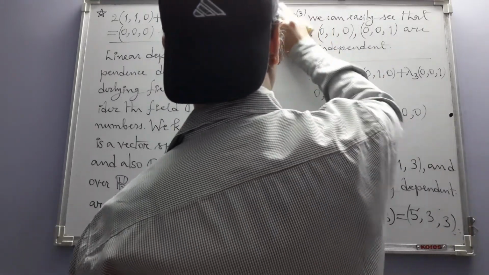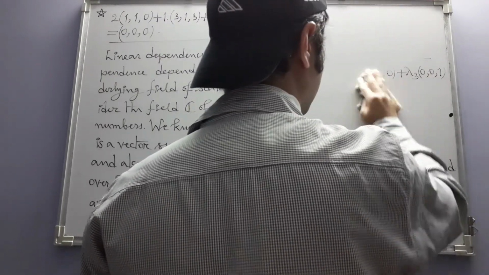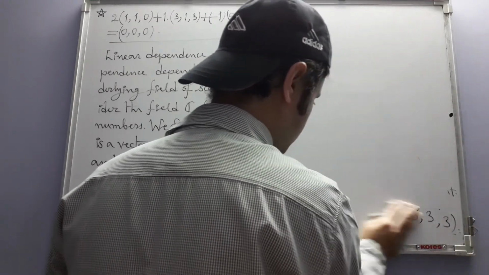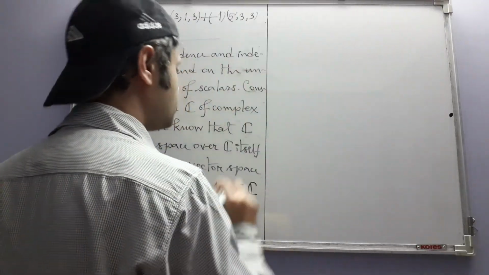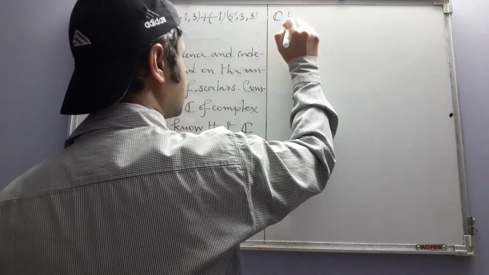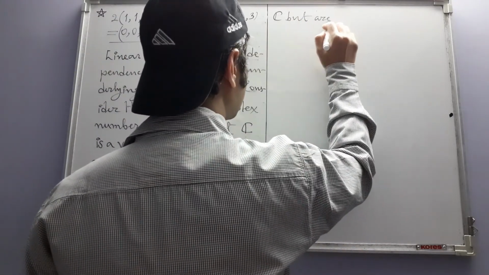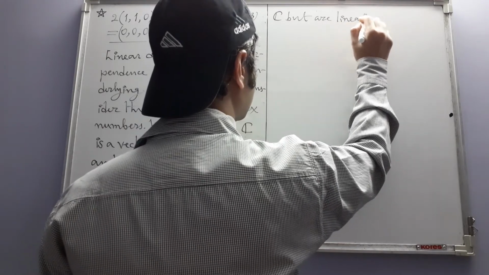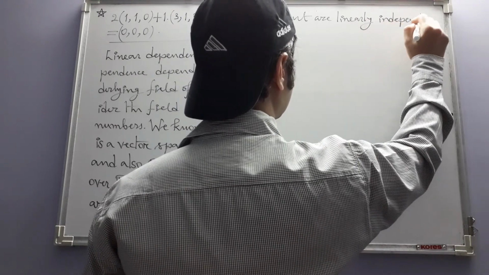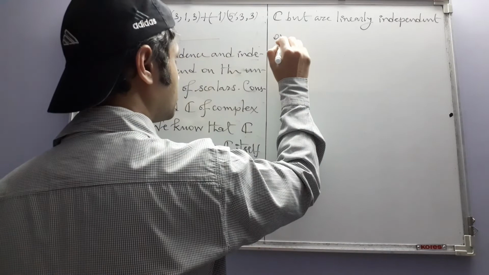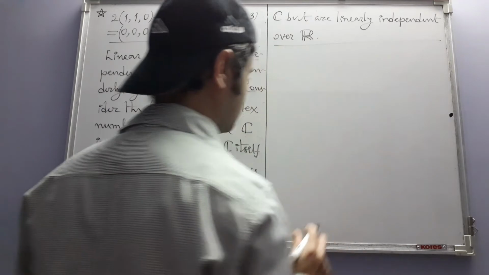Changing the field changes their status. Dependent over C but linearly independent over R. How?